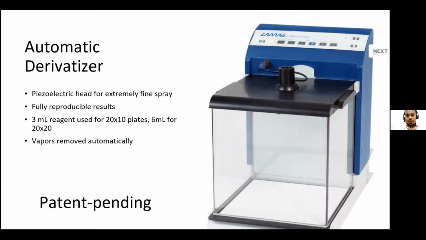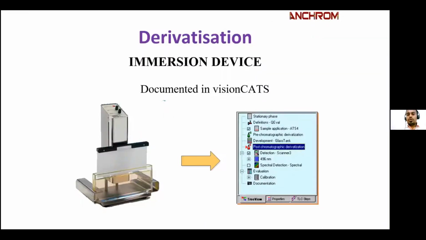The major thing of this module is it requires very less volume of reagent. 3 ml of derivatizing reagent is used for a 20 by 10 plate, and 6 ml for 20 by 20, whereas in the previous immersion device you require 150 to 200 ml of the reagent. So both the techniques are good.